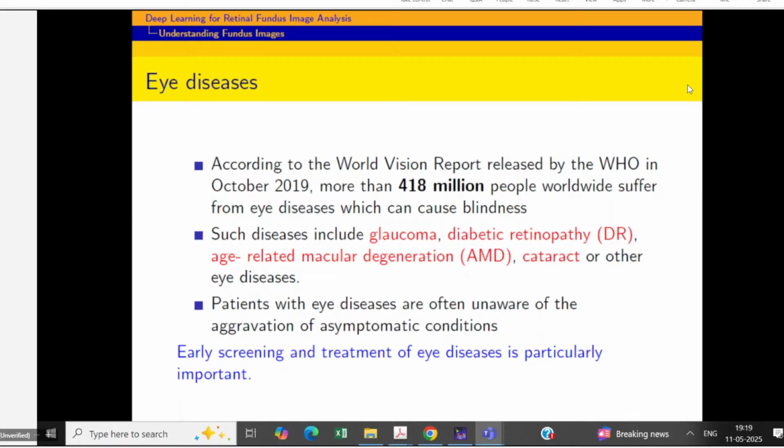And that's why, because the number of cases is rising exponentially, what is most important is to detect these eye conditions at an early stage. If you can detect and provide treatment at an early stage, you can probably save the vision. That is our main goal.